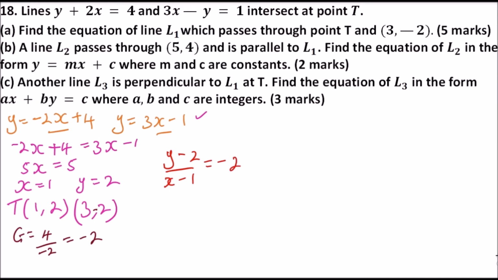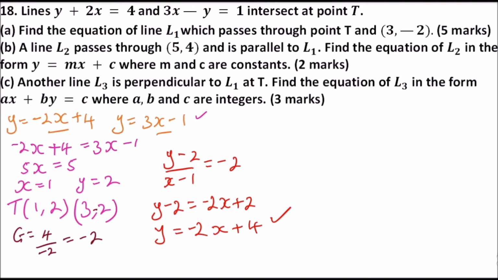You can simplify that and say y minus 2 is equal to, cross multiplying, minus 2 times x minus 1, and minus 2 times minus 1 will give you positive 2. You take 2 to the other side, then we have y is equal to minus 2x plus 4. That is the equation we are required to find in this particular part A.